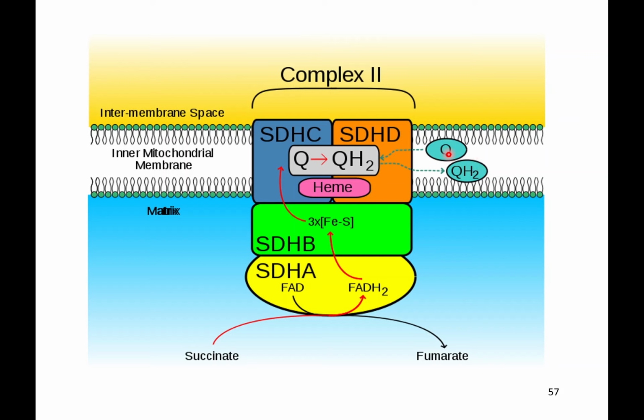Q is the oxidized version, QH2 is the reduced. That then transports electrons through the inner membrane to the next complex in the electron transport chain. So we'll be seeing this again. Okay.